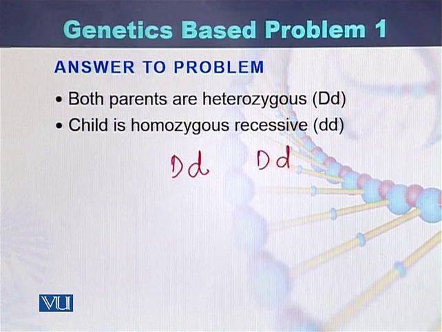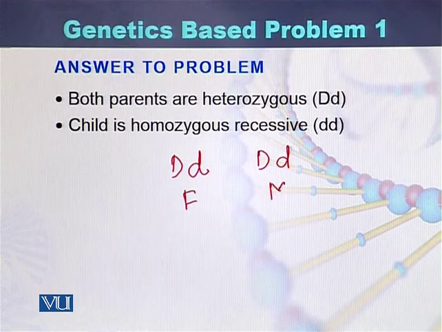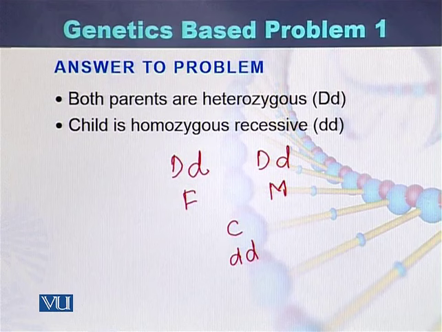The genotype of the father would be heterozygous and the genotype of the mother would be heterozygous, while the child would be small d small d, he would be the recessive. So these were the genotypes of the three individuals.